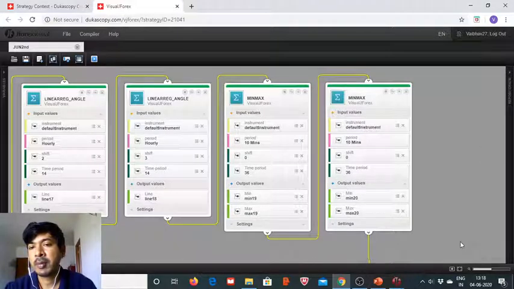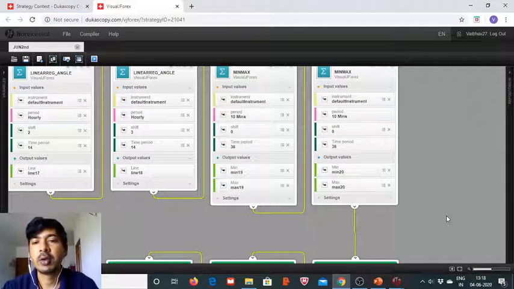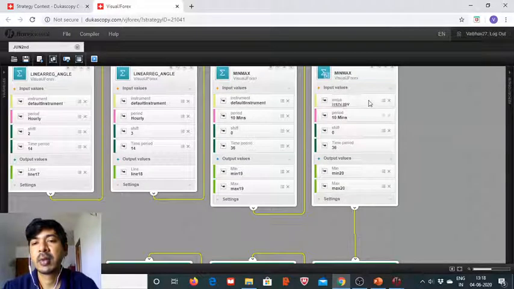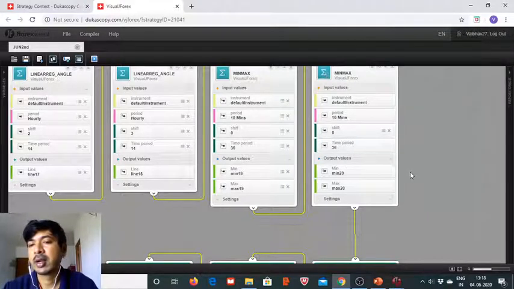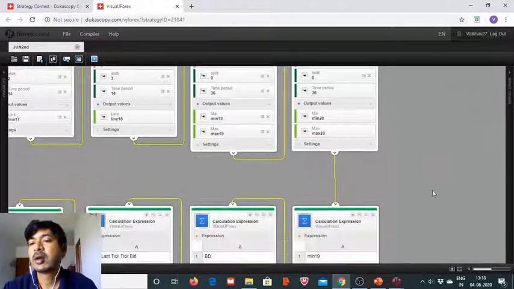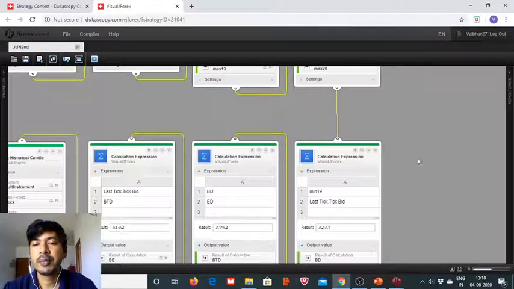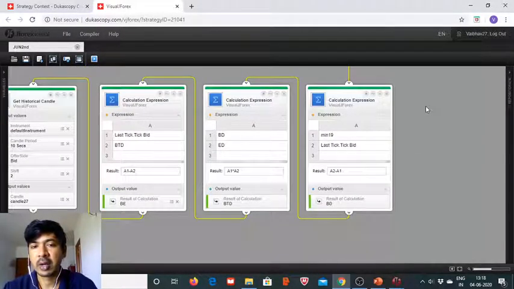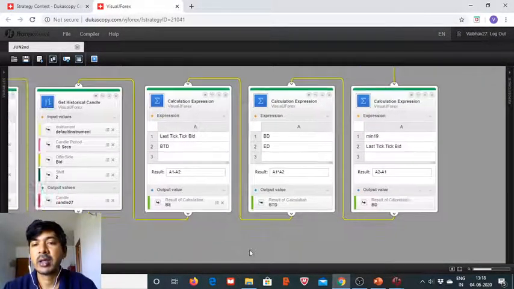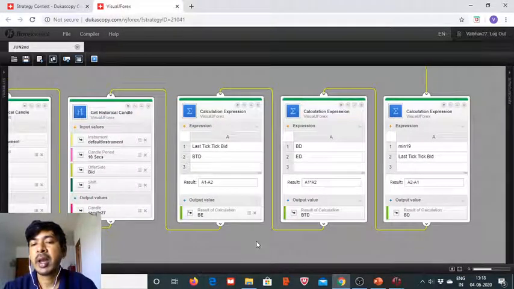Then we got the min max values of the 10-minute candles for 36 time periods, and that works out to 360 minutes, so it is 6 hours in all. Then we did this calculation to determine the exact buy entry price.